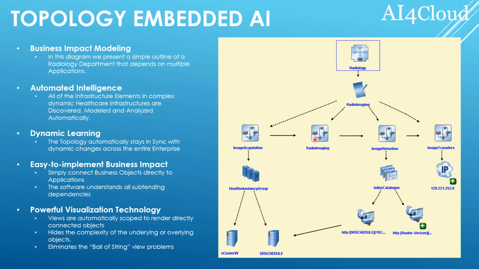They're dependent one on the other from a business process point of view, but they're also dependent on underlying infrastructure elements, whether it's a set of redundant servers or a particular service offered up from, say, an Isilon storage infrastructure, or an IP network service that provides image transfers to a particular another department or facility.